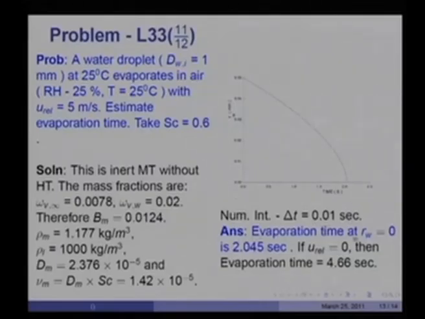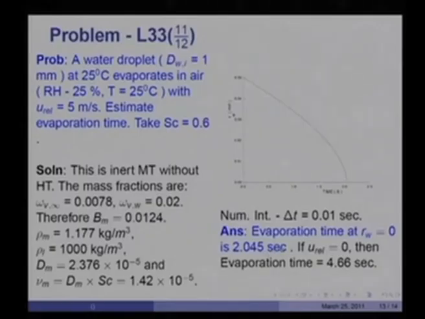Then evaporation time at Rw equal to 0 would be 2.05 seconds, and the radius would vary in this fashion, 0.5 mm to start with, and then it drops down very gradually to 0 value here at about 2.055 seconds.